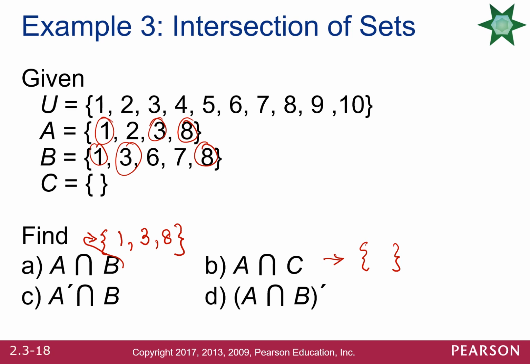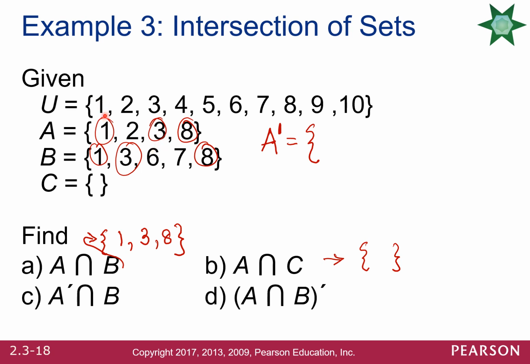And then we have A complement intersection B. All right, now what is A complement? We first have to figure out what A complement is. So A complement would be all the elements in the set of universe which are not in set A, correct?